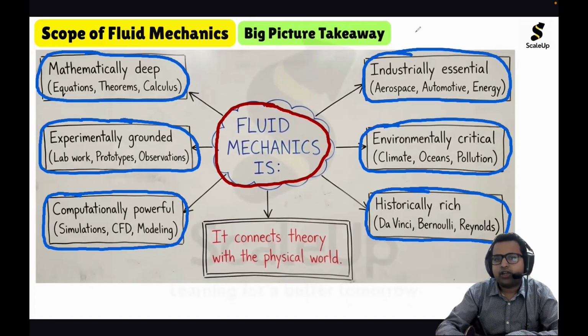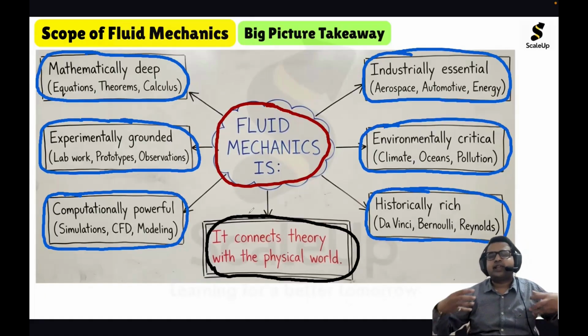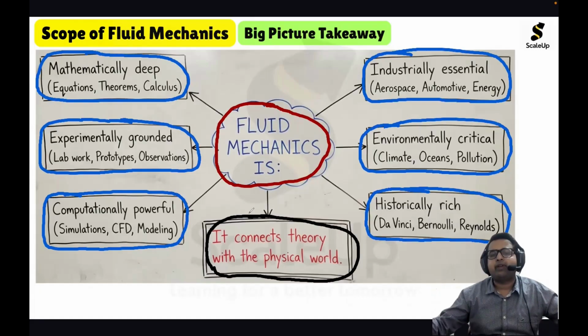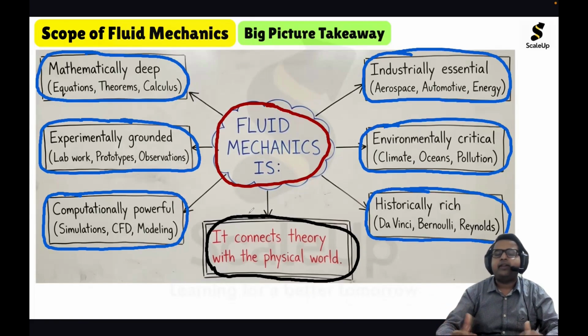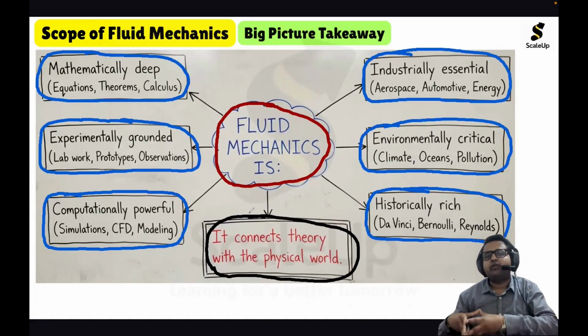Fluid mechanics connects theory with the physical world, because 75% of the world where we live is surrounded by water, and 100% of it is surrounded by air. Almost every engineering system interacts with fluid, and hence fluid mechanics. It is a very important foundational subject which connects theory with the physical world.